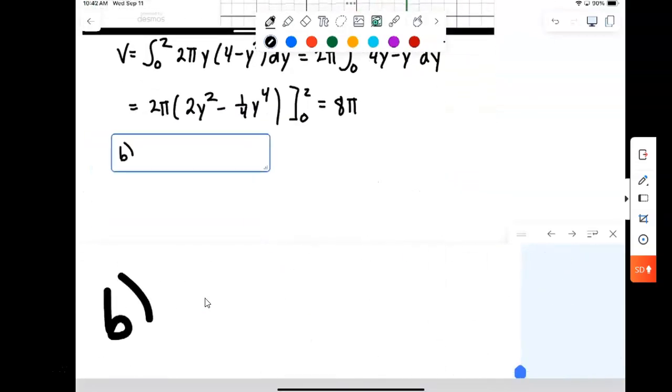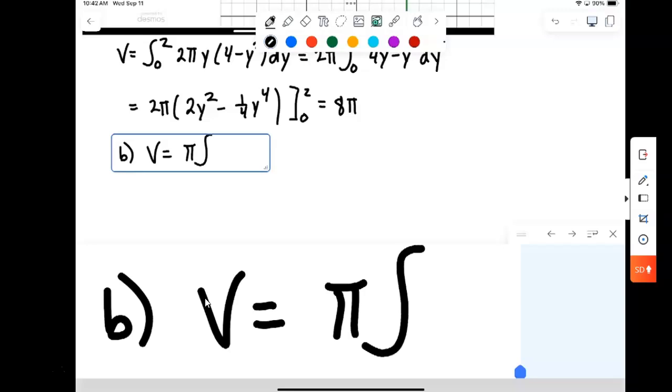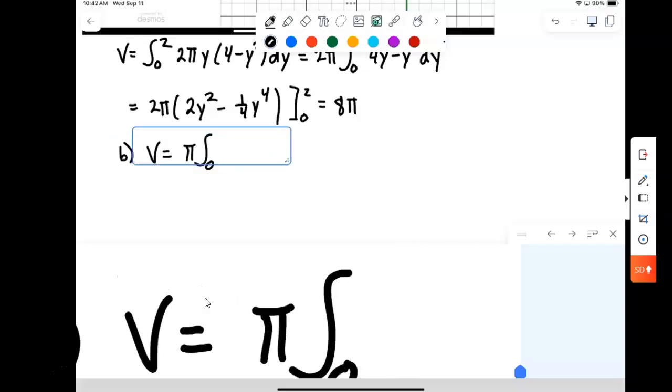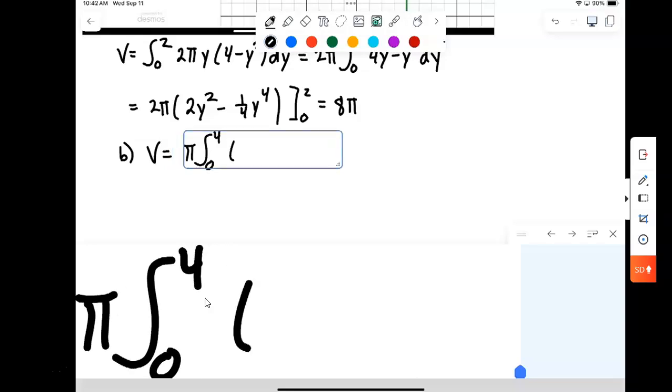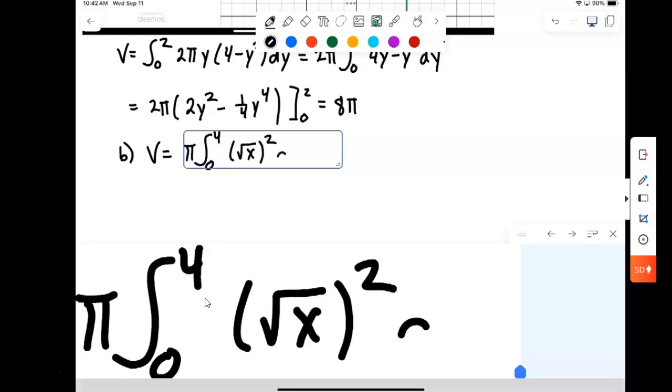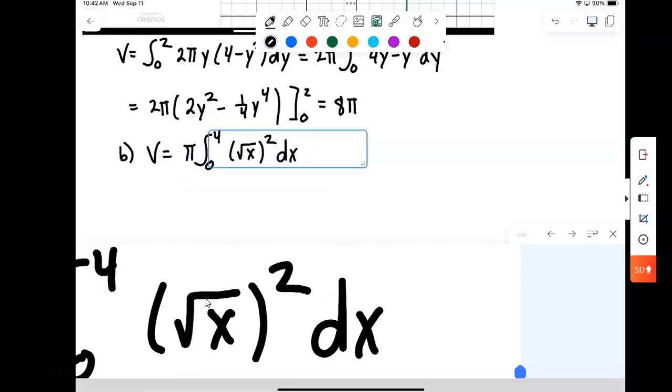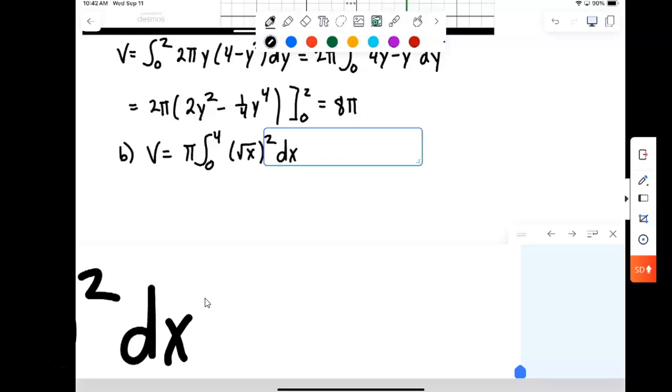We would do here in part B, volume, remember, is pi times the integral. In this case, it would be 0 to 4 of our radial function, which is the square root of x, squared, times dx. And so we work this out.